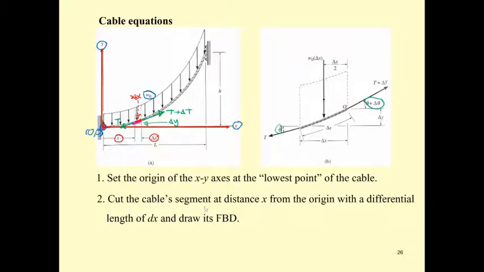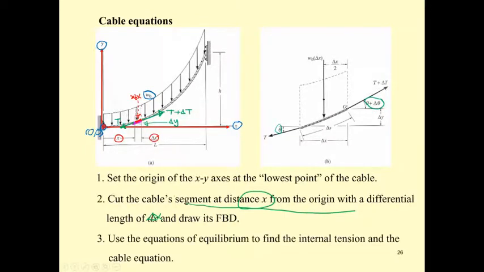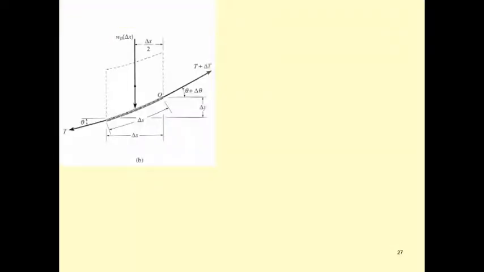It is at distance x from the origin, and we have a very small differential delta x. By doing this, we can apply the equations of equilibrium to this small portion of cable, and we can use these equations to find some important aspects of the cable.